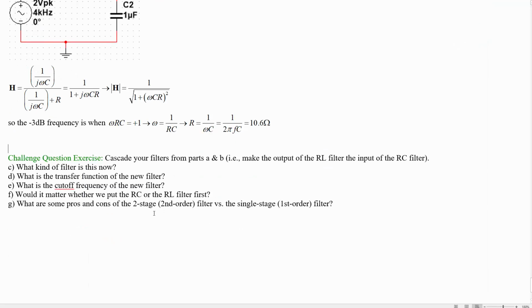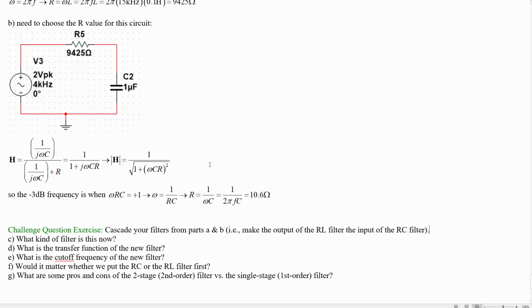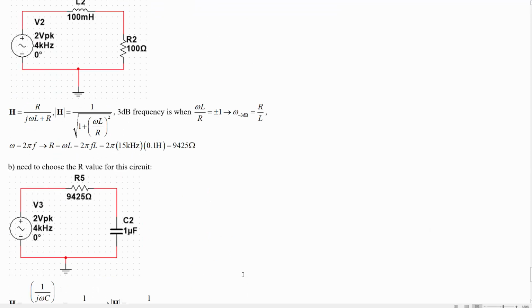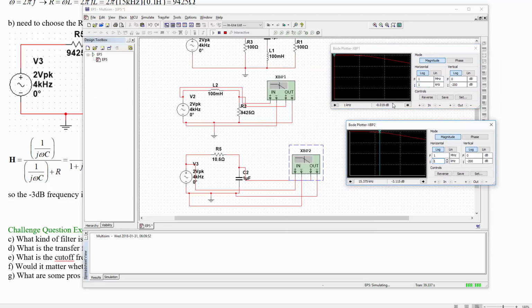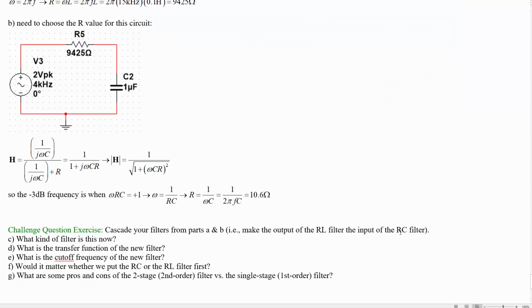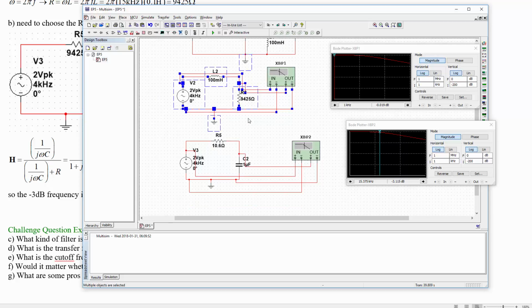Okay, so the next part is a bit of a challenge exploration. We're going to cascade these two filters that we just came up with, which means we're going to make the output of the RL filter the input of the RC filter. So I don't really want that ground pin, so I'll get that out of the way.